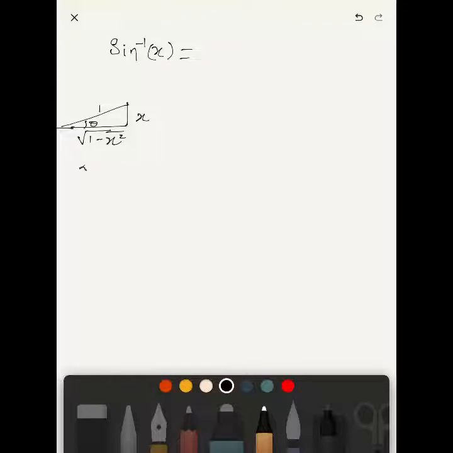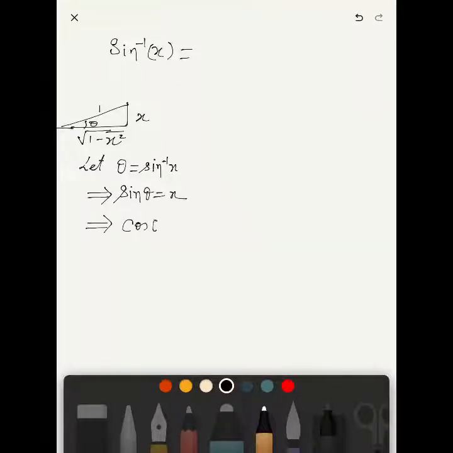Let me write it clearly. Let theta equal sine inverse x. I am writing each step; later on I won't be writing these things. Sine theta comes out to be x. So when sine theta is x, that means x by 1, isn't it? So it is perpendicular by hypotenuse. Now from this triangle, try to find out cos.